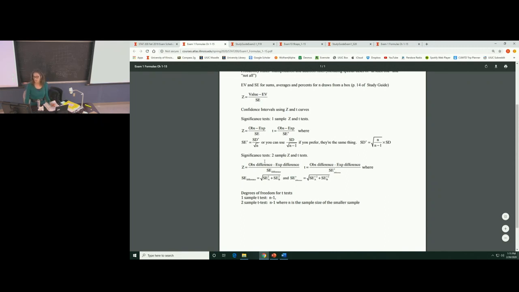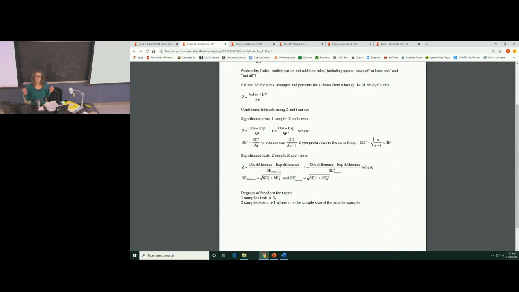And the t curves, here's what you need to remember. T curves are fat in the tails. They have fatter tails, flatter in the middle. More uncertainty. It's when you don't know the SD, you have more uncertainty, so you're going to have bigger error bars, wider confidence interval, more error. Bigger p-values, fatter tails.